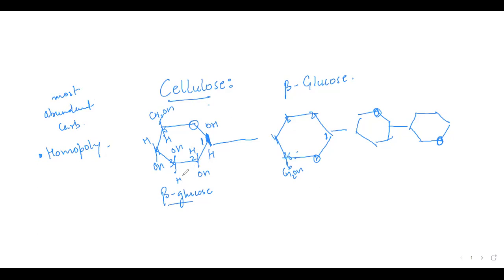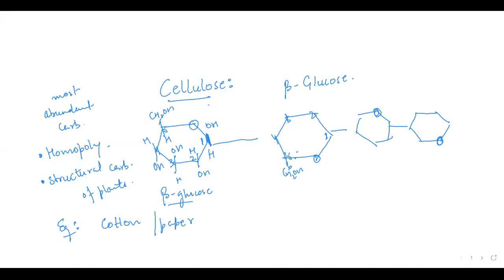It is formed by the condensation of beta glucoses, and it is the major structural carbohydrate of plants, which means the structure of plants is made up of cellulose. Examples are cotton and paper, which are the purest forms of cellulose.